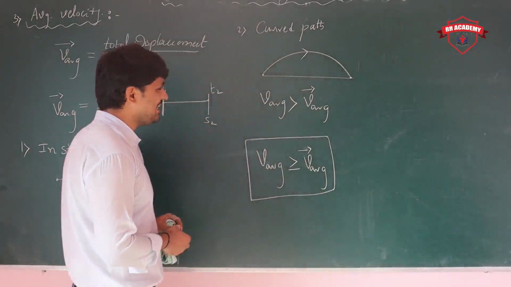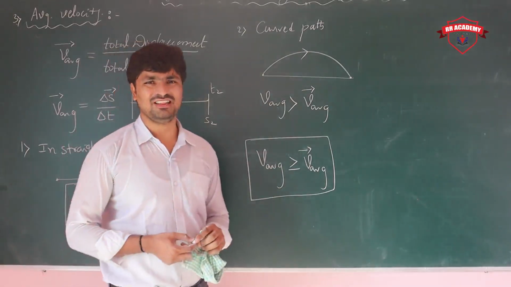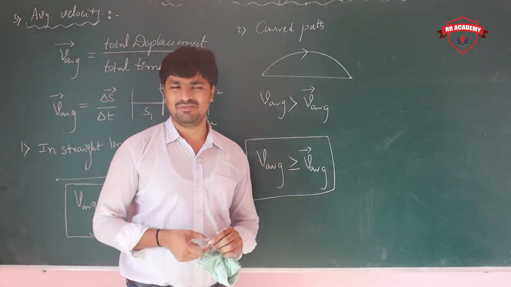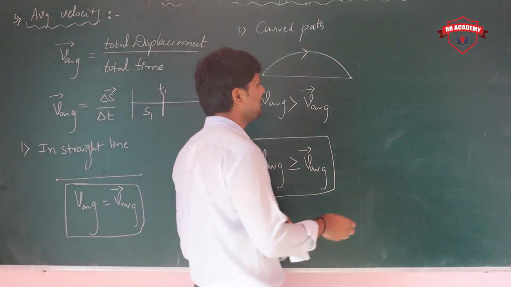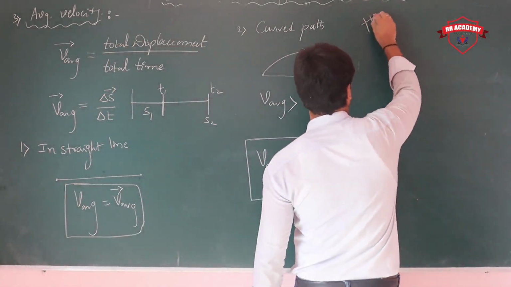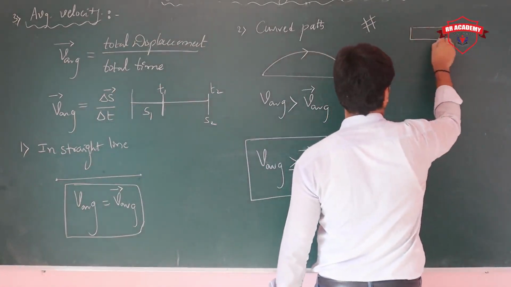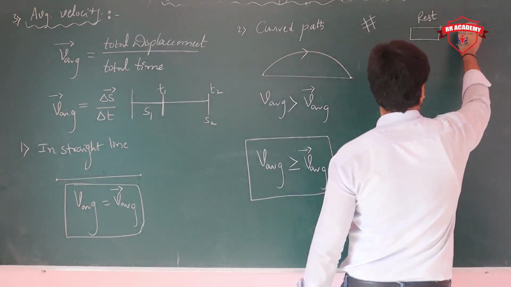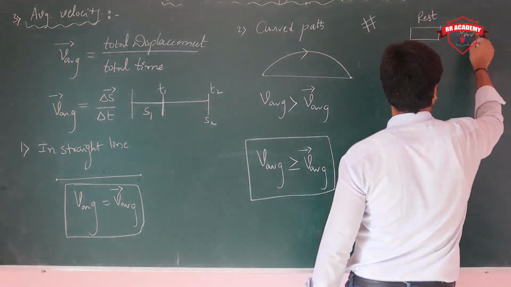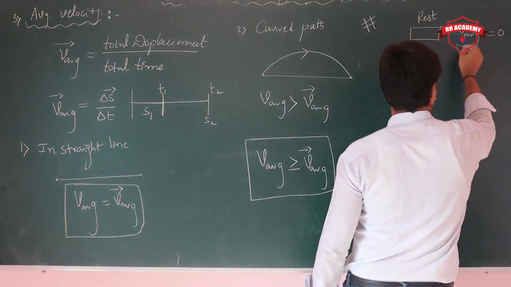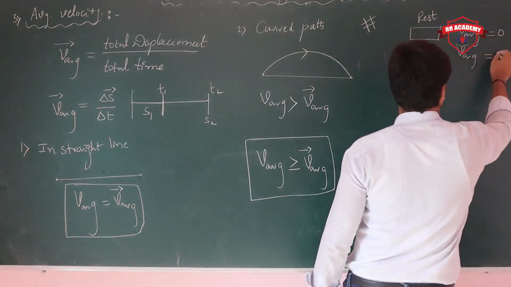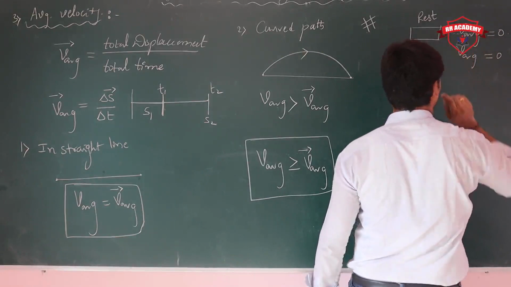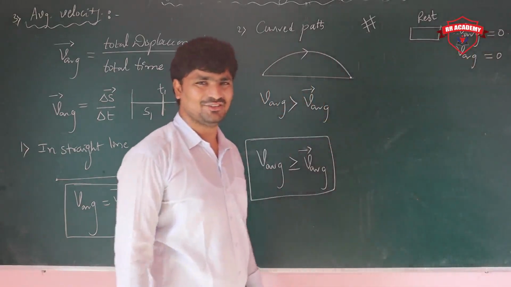When does the speed of the particle become 0, and when does the velocity become 0? If a particle is at rest, the speed is 0 and the velocity is also 0.